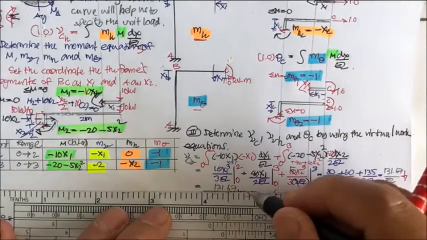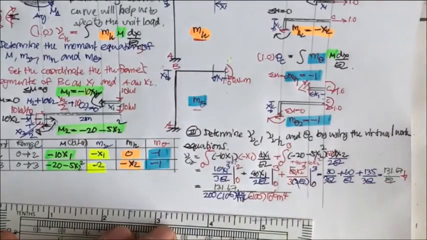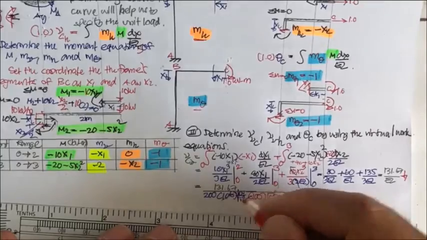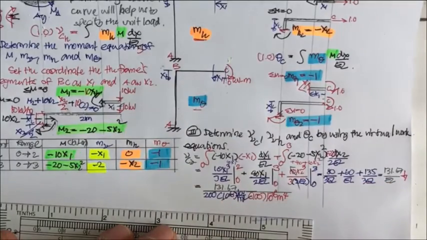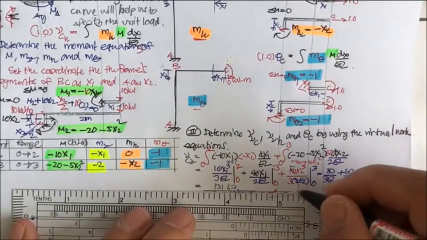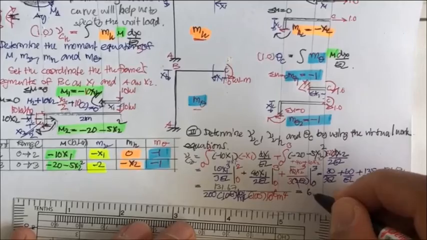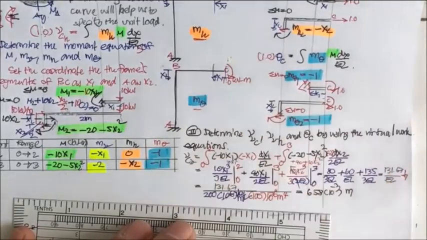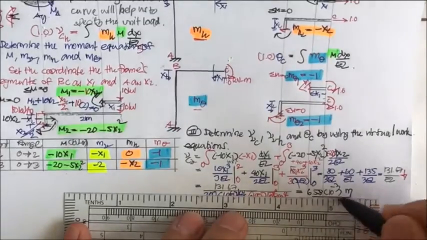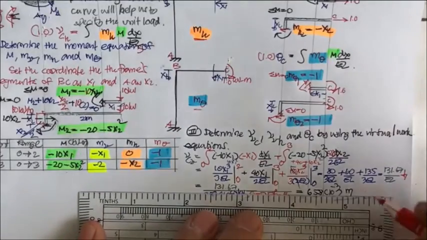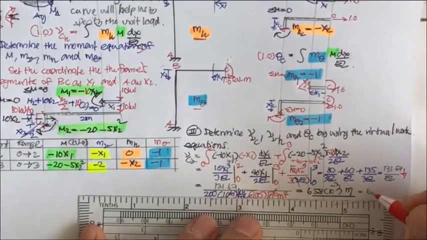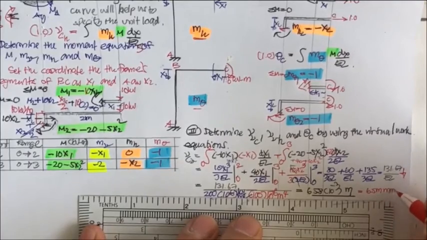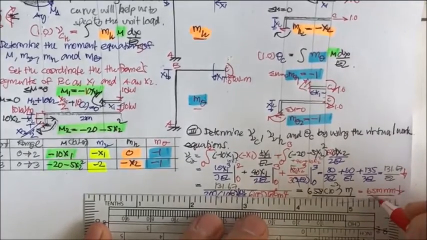If you put everything in, and it's divided by 2, it's going to be 6.58 times 10 minus 3 meter. Also it can be 6.58 millimeter downward.